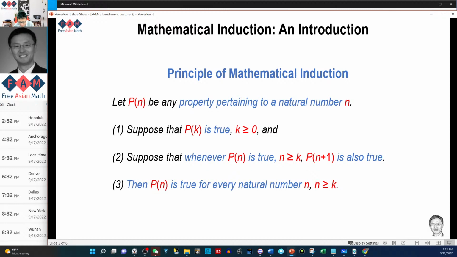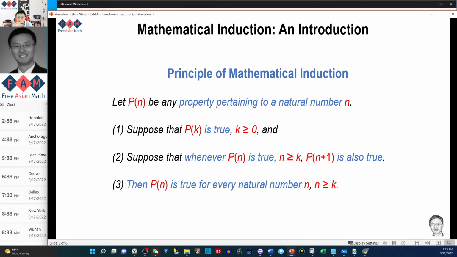Why is this actually the case? It's just by our argument, right? If we have a starting point at k, that's 1. And if 2 is also true, remember 2 says that whenever Pn is true, the next one will be true. Then we start at k. Because of 2, we know Pk plus 1 is true, the next number is true.